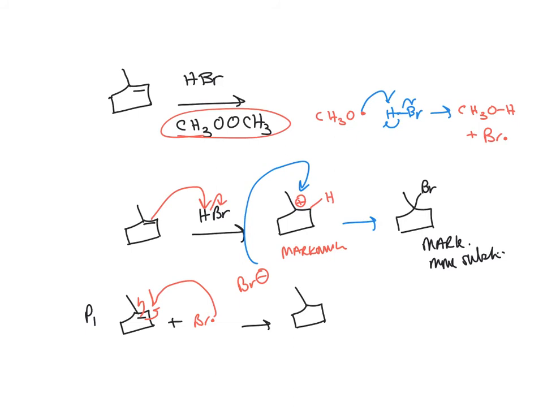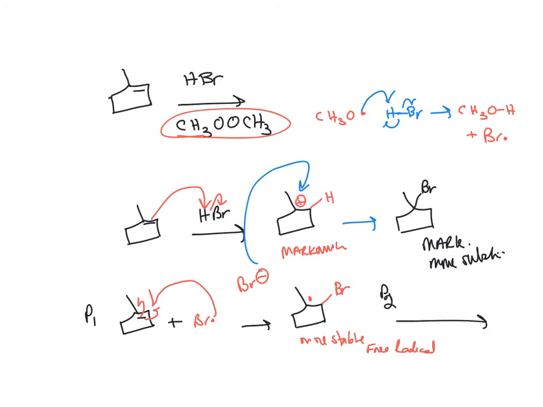The bromine adds. This becomes a radical, the more stable radical, and the bromine adds first. And when the bromine adds, just like the hydrogen adds first, this is our more stable free radical. So the peroxide here, the alkoxy peroxide, will change the mechanism.